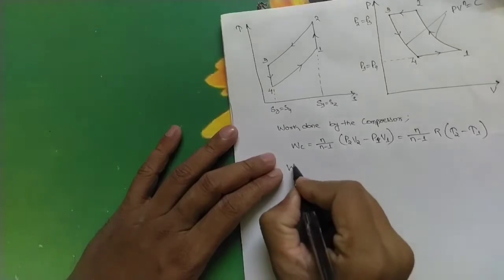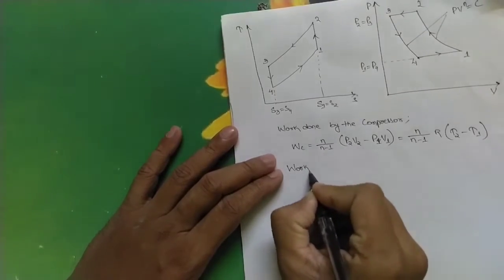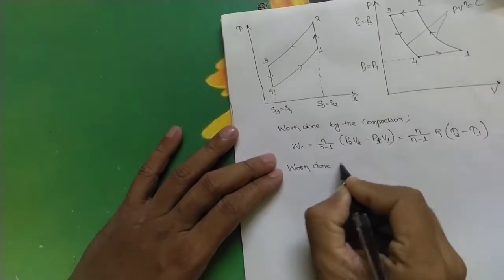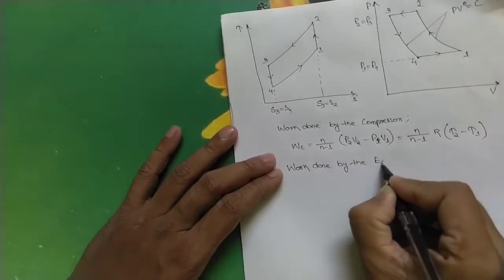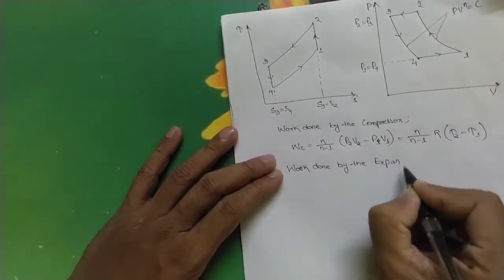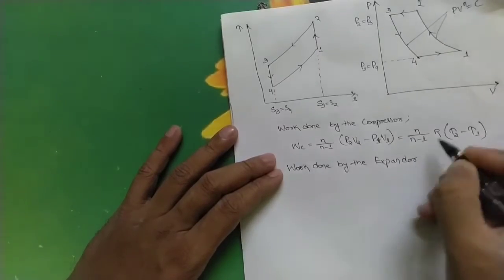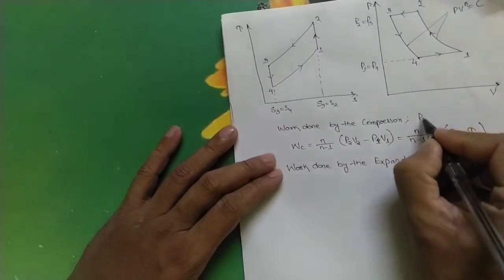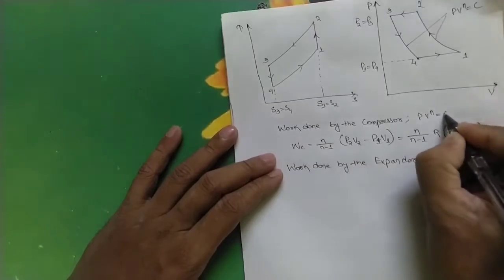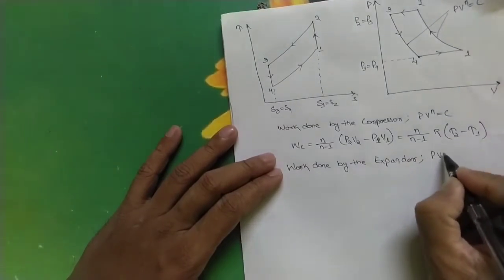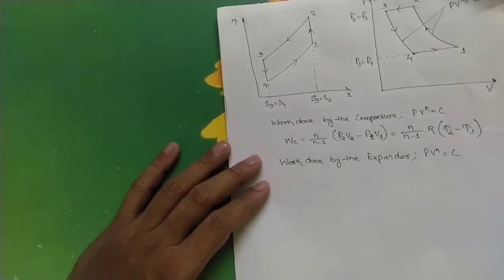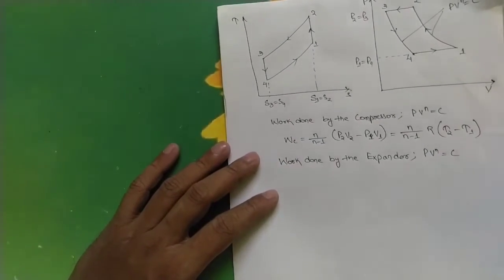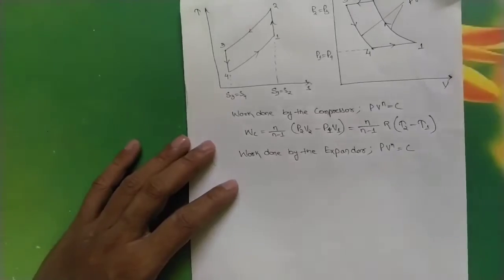Similarly, the work done by the expander: here both are following the law PV^n equals constant. Both the compressor and expander are following the law PV^n equals constant.